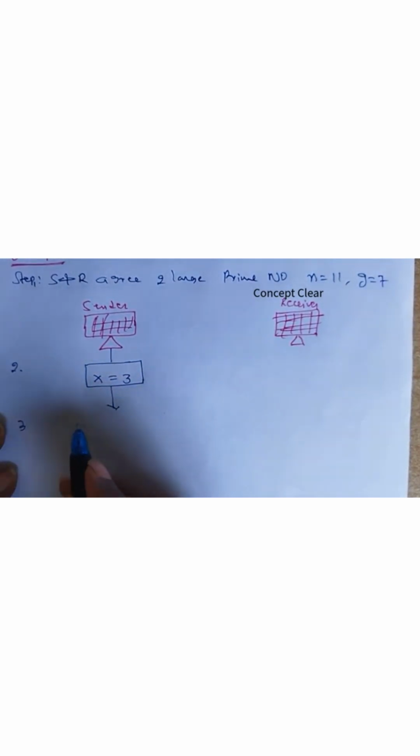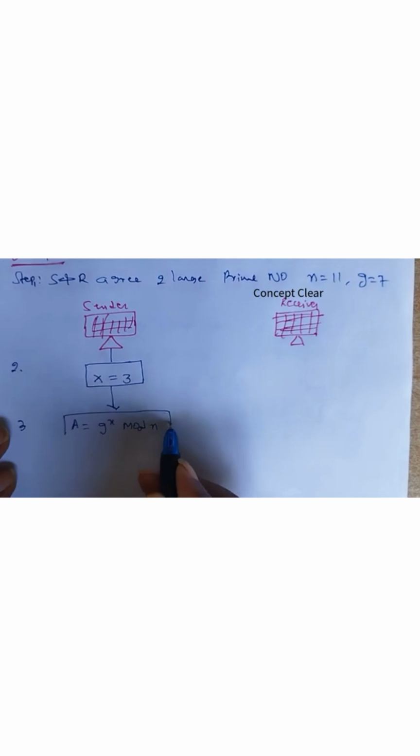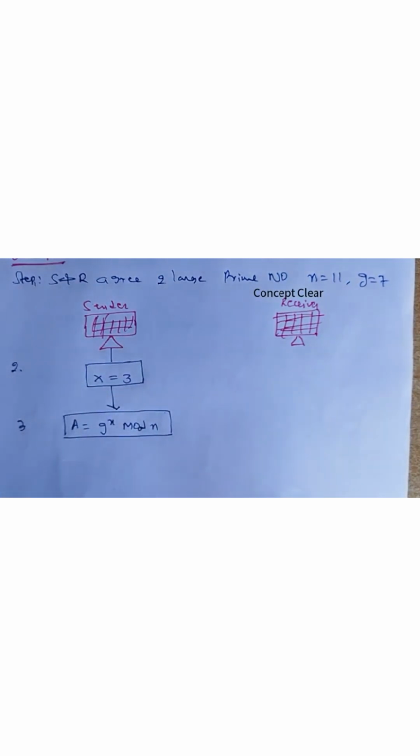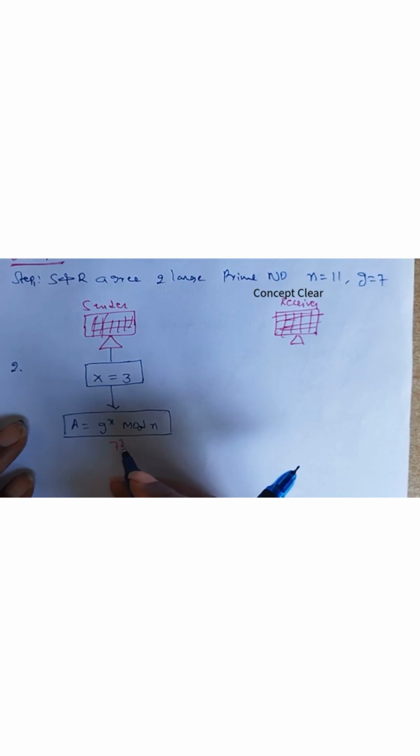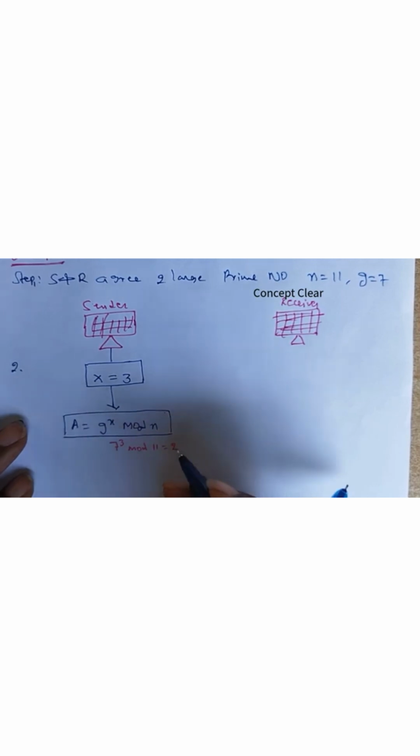What is the third step? He will calculate the a value, a equals g power x mod n. He will get 7 power 3 mod 11, that equals 2. So a equals 2.